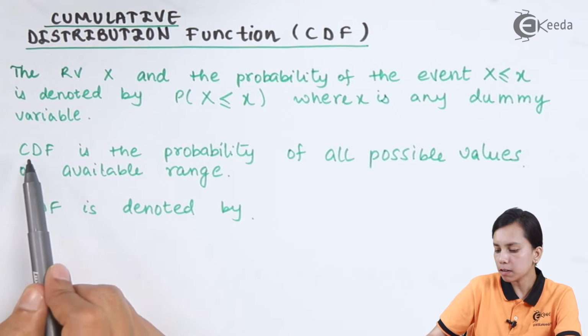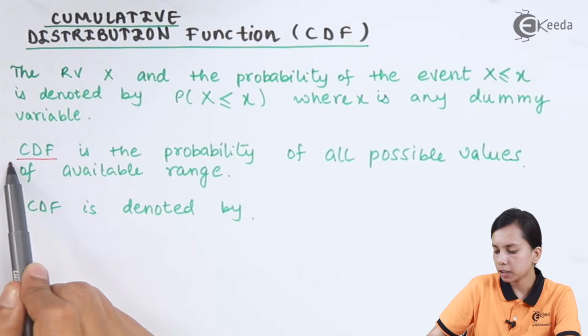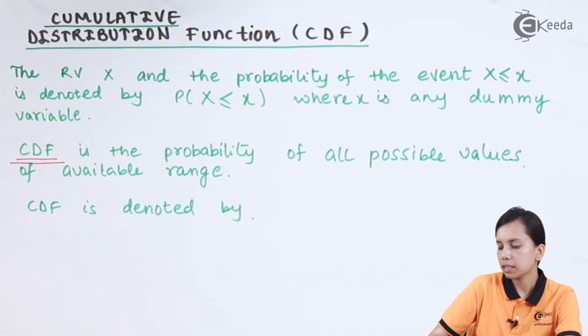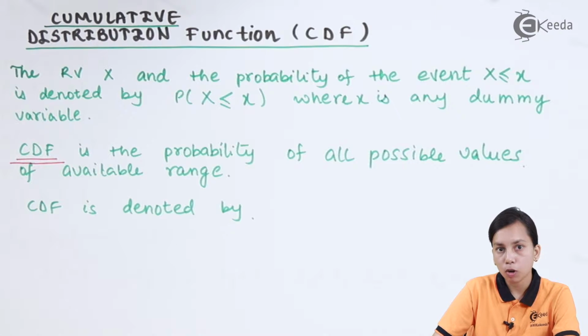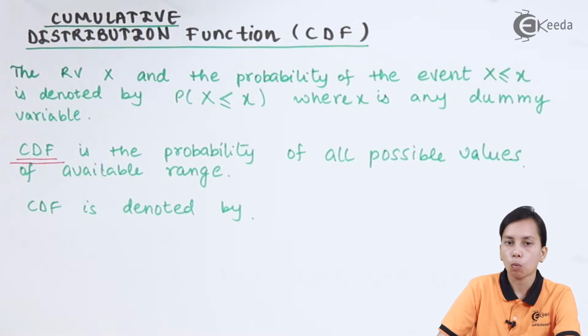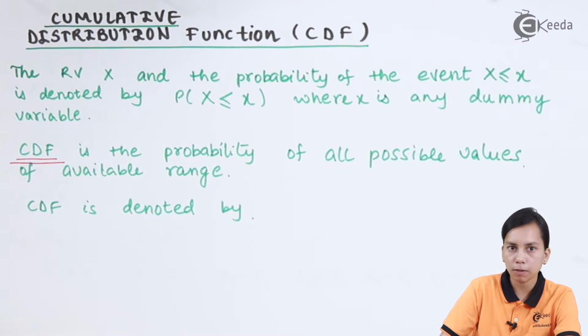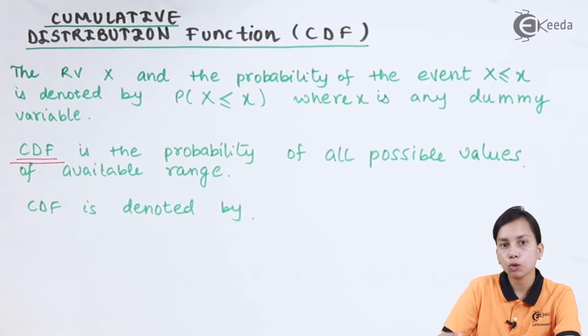Now, CDF, cumulative distribution function, is the probability of all the possible available ranges. Whatever range is available to us because of the random variable, we can use it as the calculation of probability.